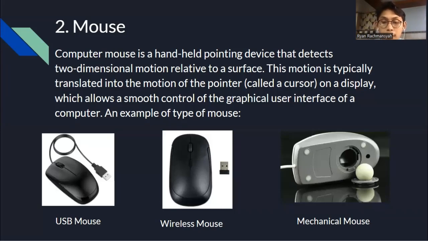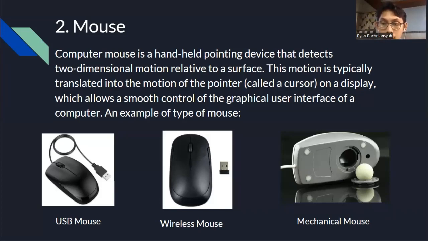The mouse is part of a personal computer, or PC. It is a pointing device used to enter data and commands into a computer other than a keyboard. This motion is typically translated into the motion of the pointer, called the cursor, on the display, which allows smooth control of the graphical user interface of a computer.